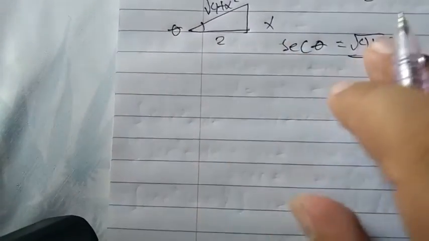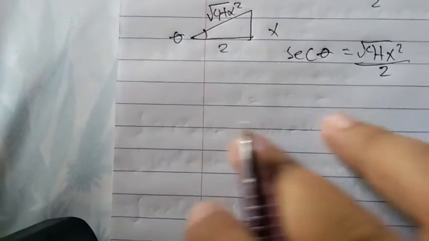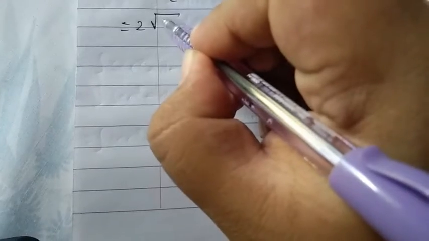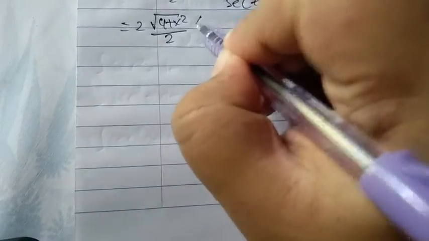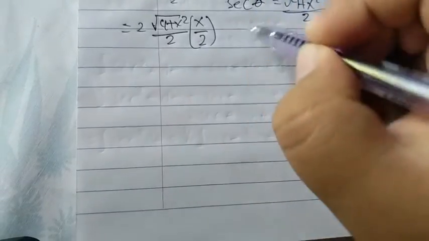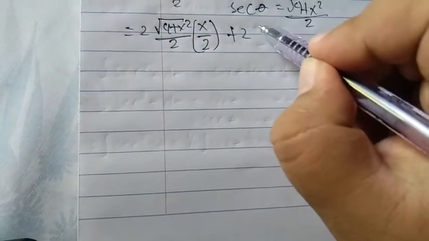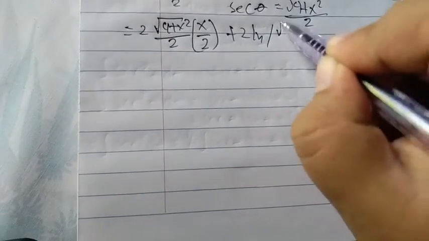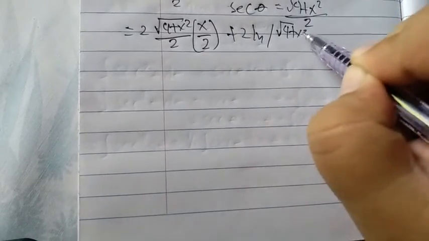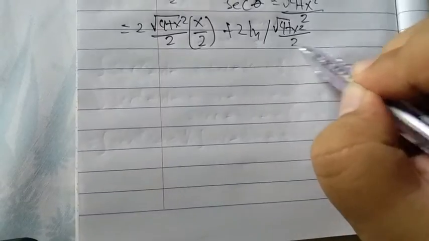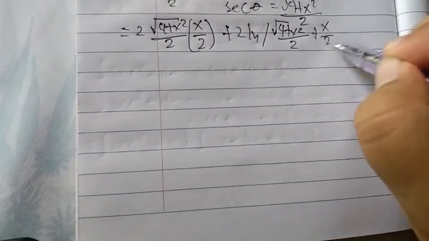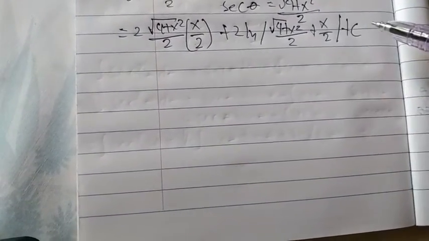Then after that, we're going to substitute the sec. This will be equals to 2 times square root of 4 plus x squared over 2 times x over 2, plus 2 ln absolute value of square root of 4 plus x squared over 2 plus x over 2, plus c.